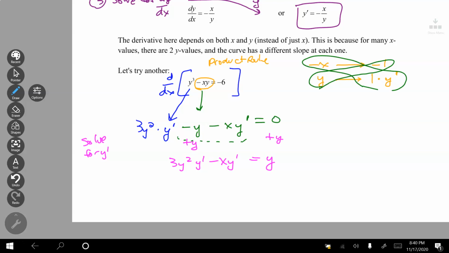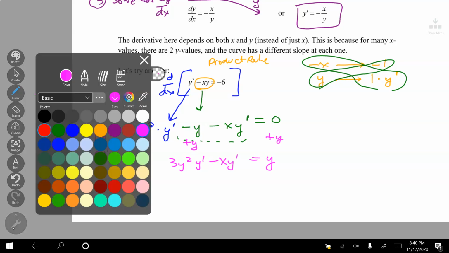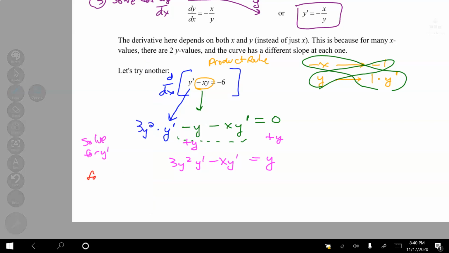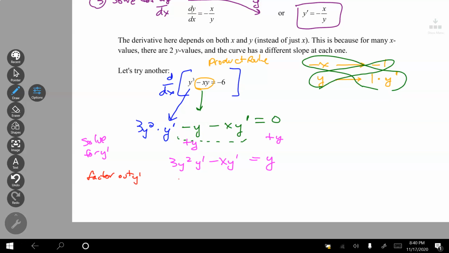So I usually would move everything to the left that has a y prime and everything without to the right. And then I could factor out a y prime. And I have y prime, and I have parentheses is equal to y, and I notice I have a 3y squared minus x inside the parentheses, kind of like the reverse distributive property.